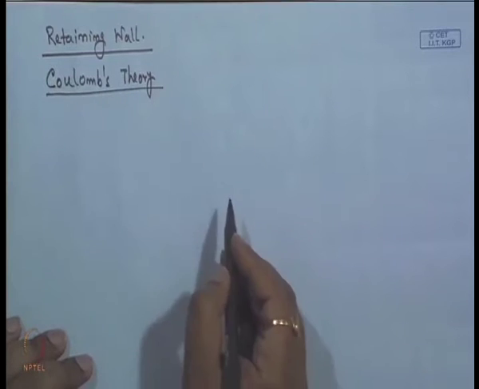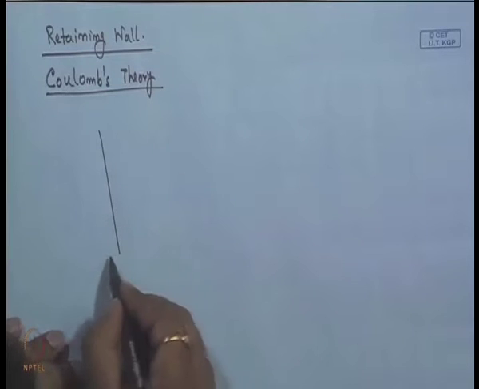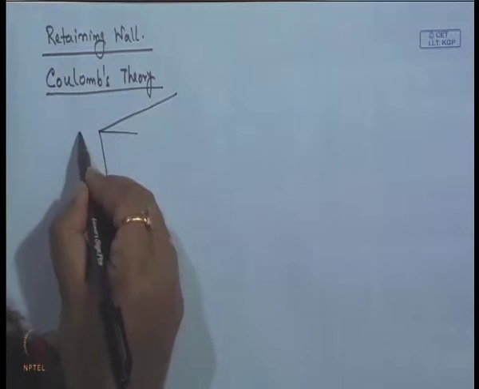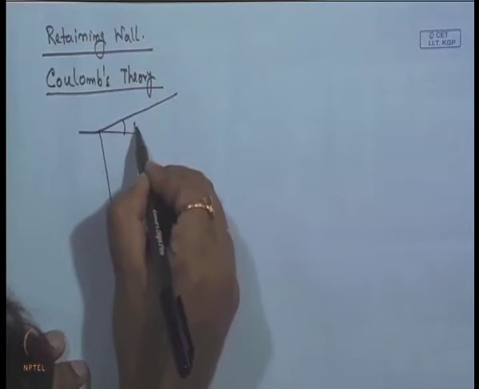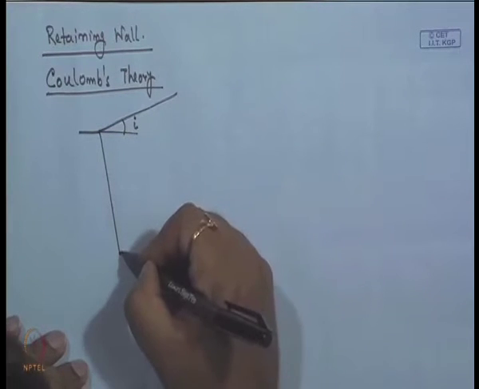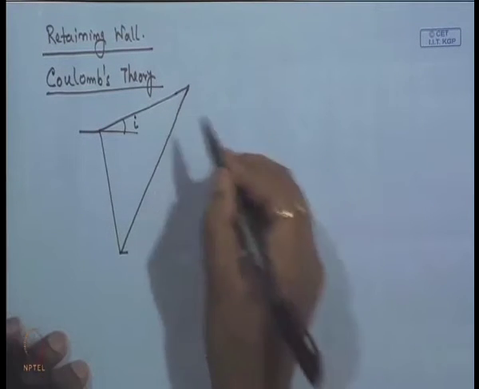So, Coulomb's theory, and this is a particular retaining wall. This is the backfill, this is the retaining wall, and this is the failure surface we can consider for the retaining wall.